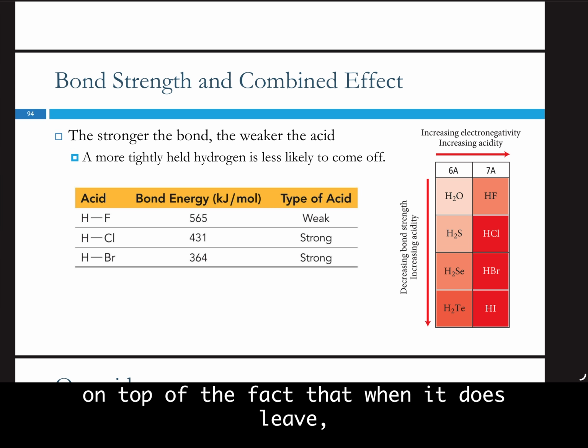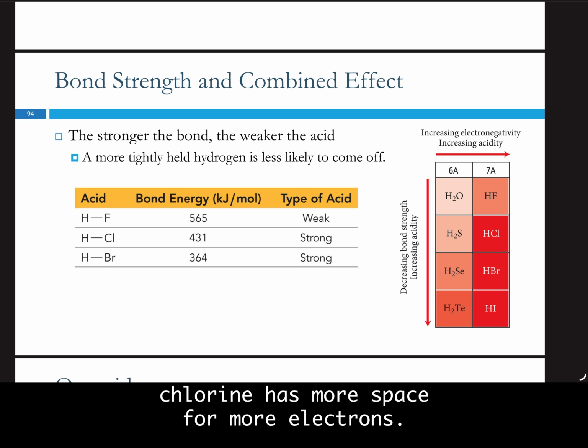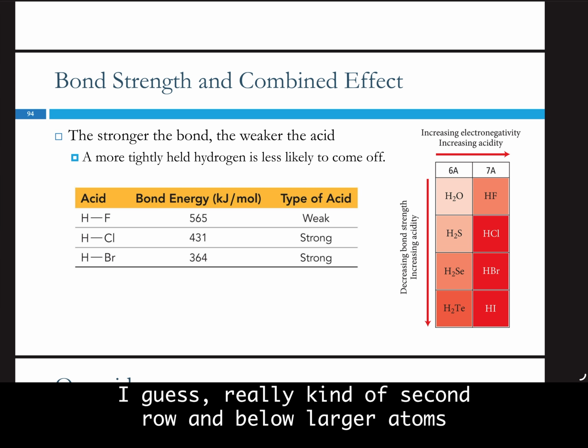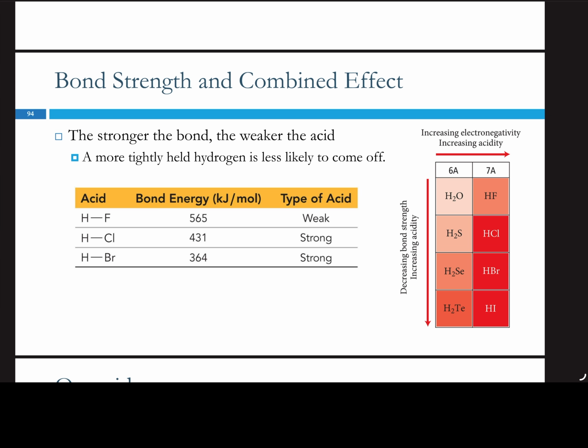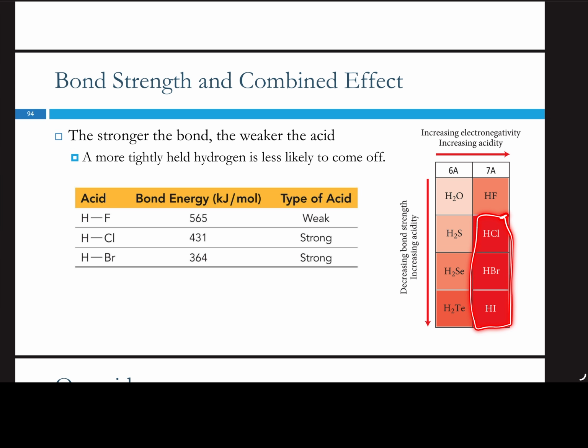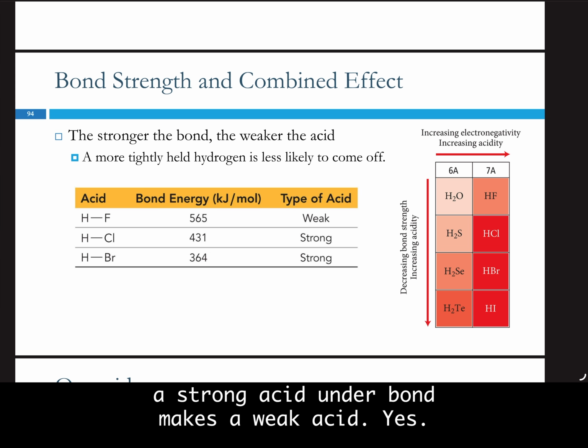On top of the fact that when it does leave, chlorine has more space for more electrons than fluorine does. So things that are electronegative and also larger atoms, second row and below, are the ones that tend to be strong acids. Weaker bond makes a strong acid, stronger bond makes a weak acid.